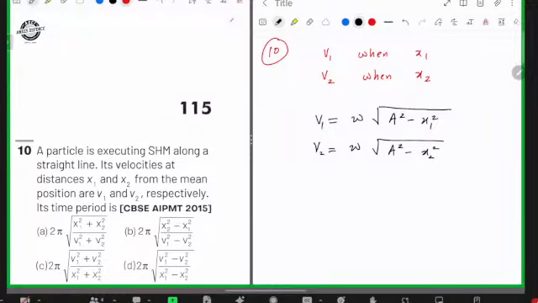So squaring both sides, because we have to find omega, we have to find time period, right? So let us square both sides. V1 square is equal to omega square bracket a square minus x1 square. V2 square will be equal to omega square bracket a square minus x2 square.